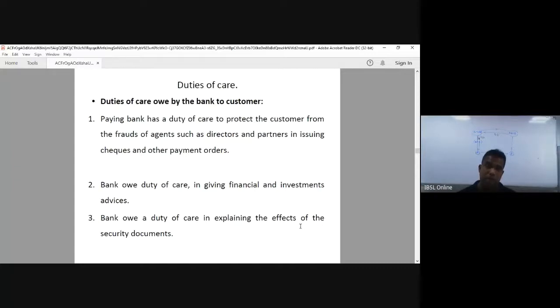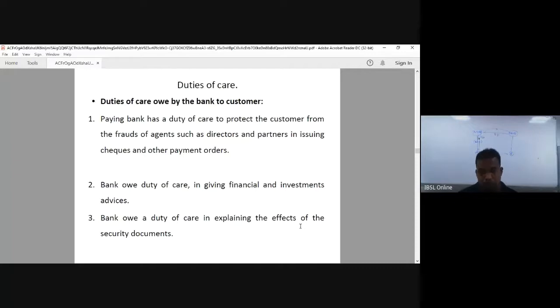So remember, when you are providing advice, financial or investment advice or any other advice, you have a duty of care. You have a duty of reasonable care. That means you have to provide correct advice.